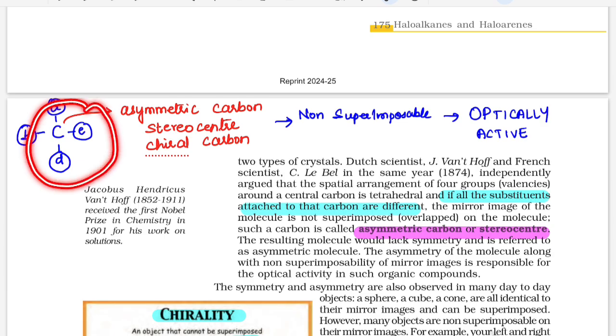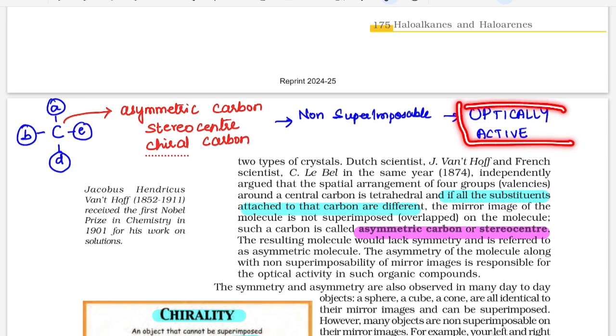This compound is non-superimposable on its mirror image, so these compounds are called optically active. To identify whether a given compound is optically active, you have to check whether this carbon is attached to 4 different atoms or not.